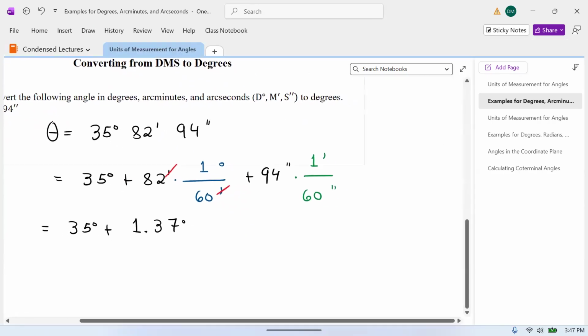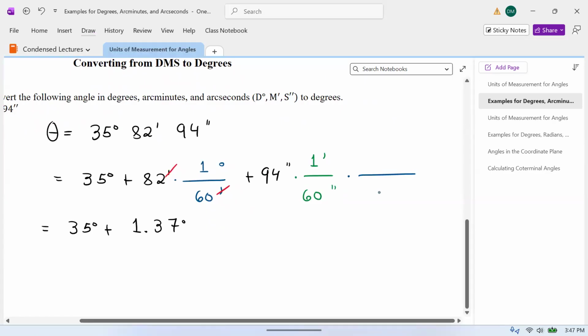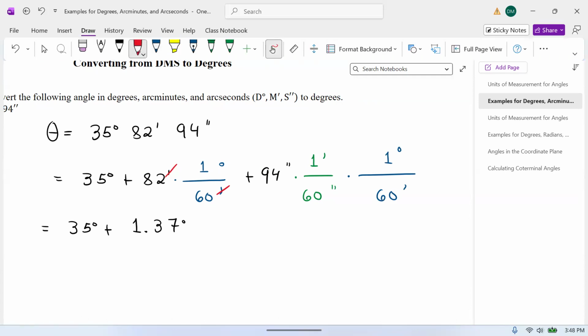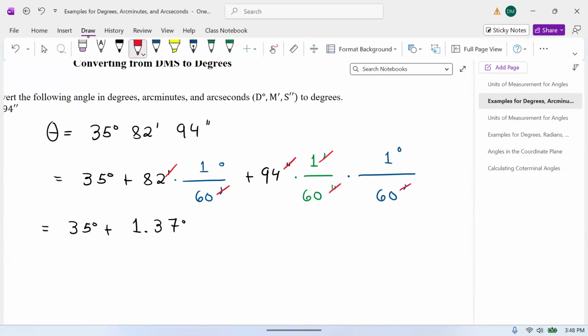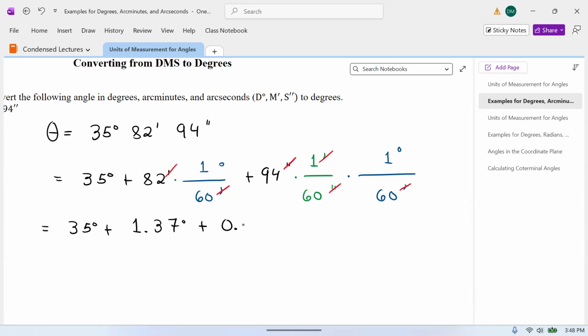And then finally, so these units cancel, I can say there's 60 arc minutes to 1 degree. Notice my units cancel. So then I get 94 divided by 60 divided by 60. I'm just going to round to the first 2 non-zero digits. So I'll get 0.026.